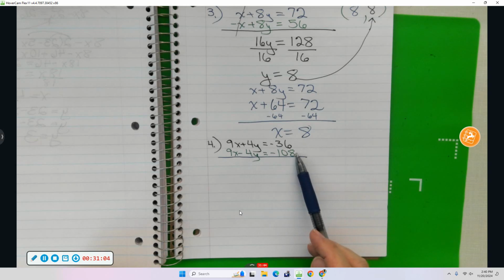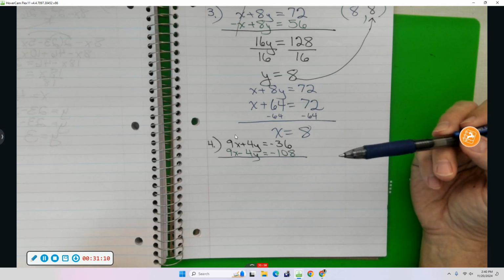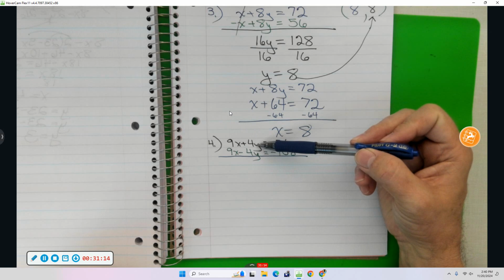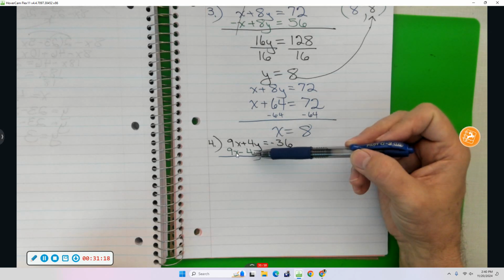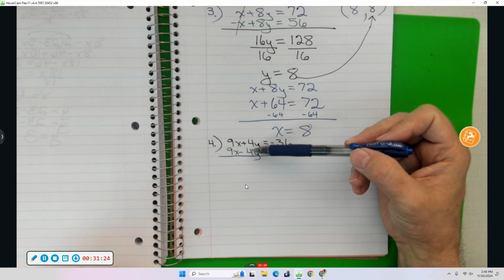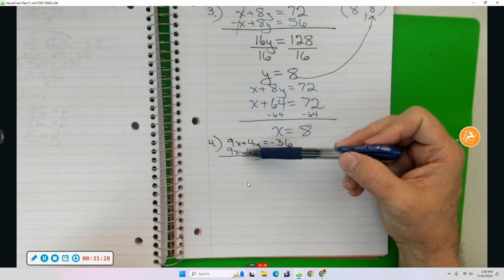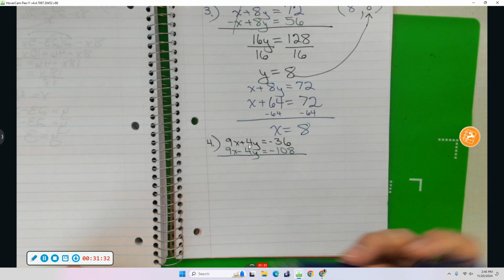We have the constant terms by themselves on the other side, and I claim that it's already in the form that's set up for elimination, because look at the coefficients of y. We have a positive 4 as one coefficient and a negative 4 as the other. So we have what we need. We need the same coefficient but opposite signs. And I think we have that.